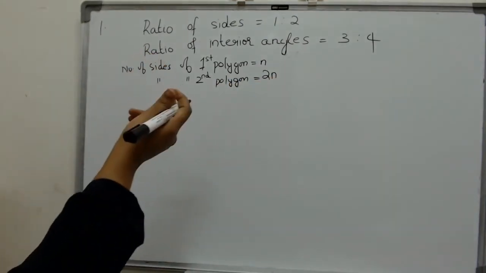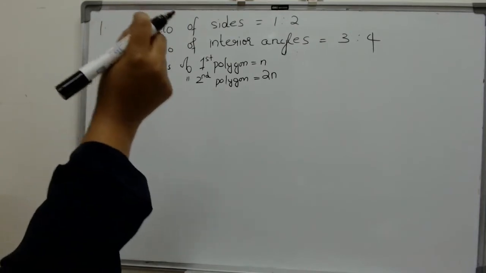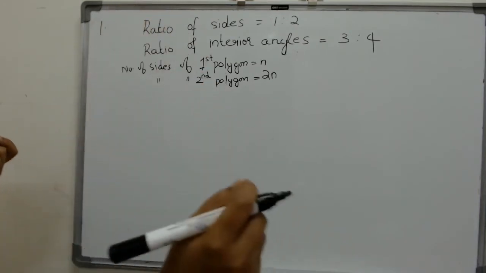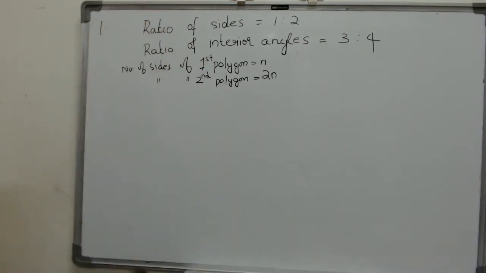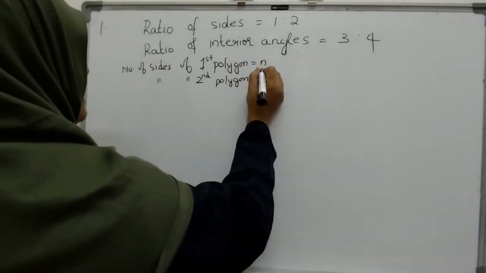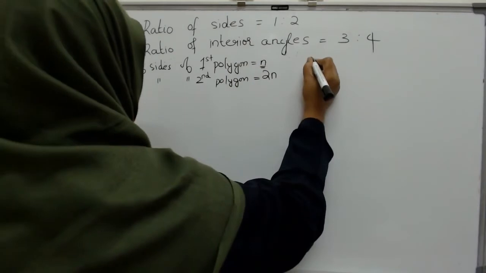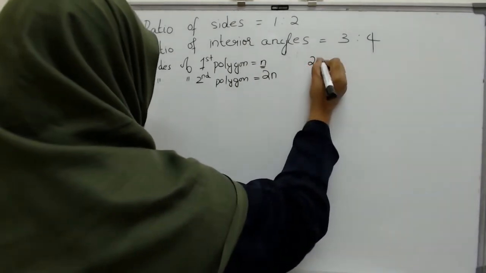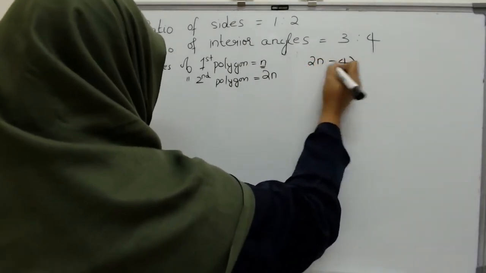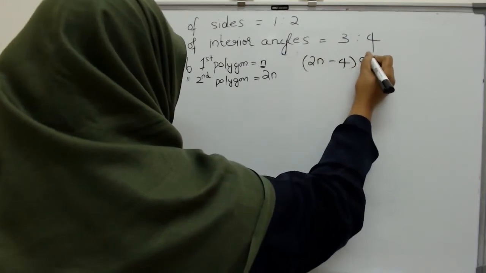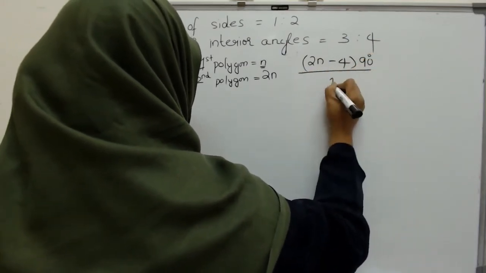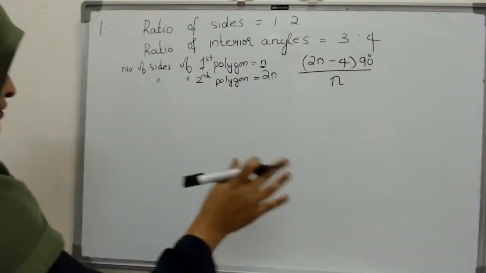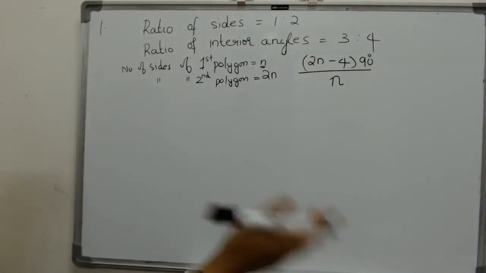And what is the next thing given? It is a ratio of the interior angles. Notice that it is a regular polygon, which means you know what each angle is. If a polygon has n sides, then its each interior angle will be this. You know that only if it is a regular polygon, right?